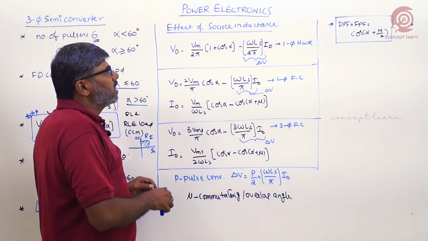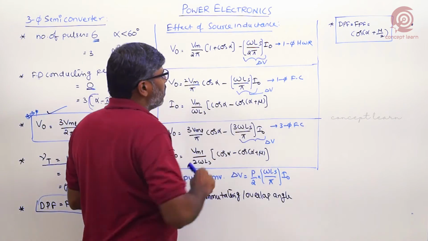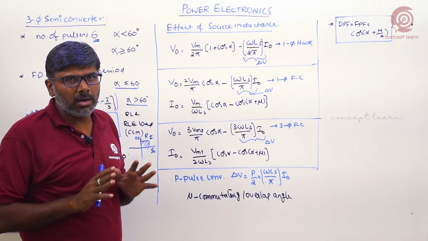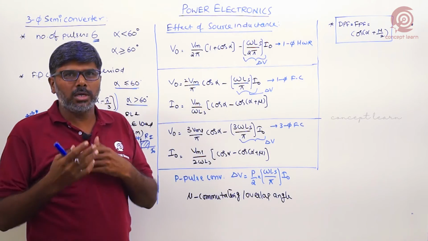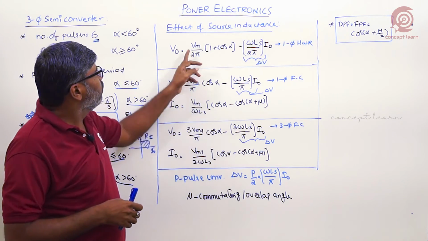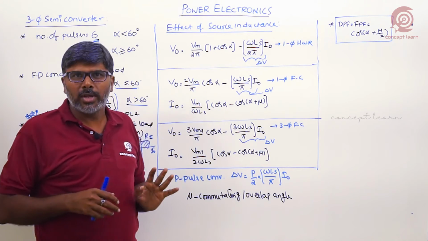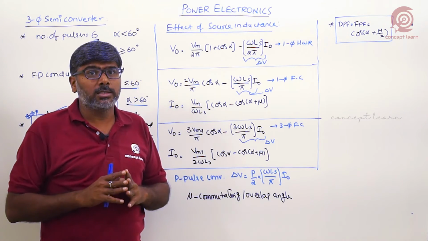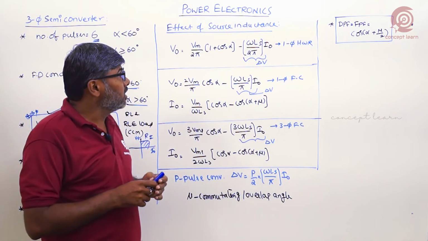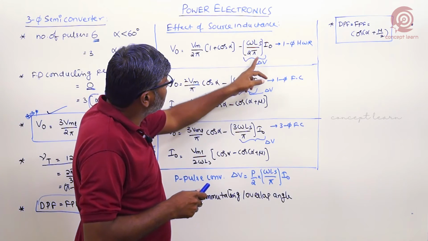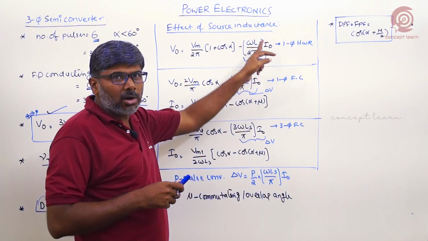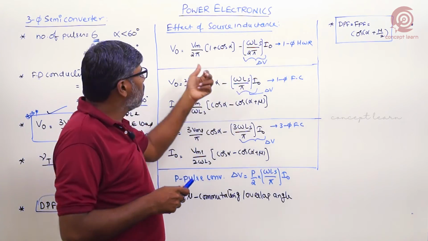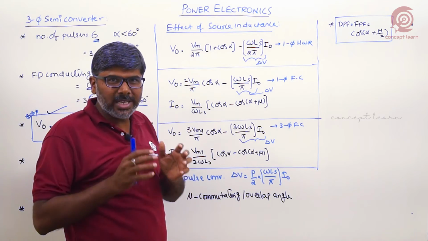Now coming to the single phase half-wave rectifier, the output voltage with resistive load, without source inductance, is Vm by 2 pi into (1 plus cos alpha), right? If the source has inductance, there is a drop across the inductor, and definitely the load voltage gets reduced by some factor.